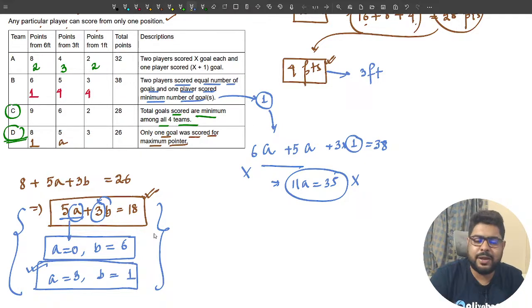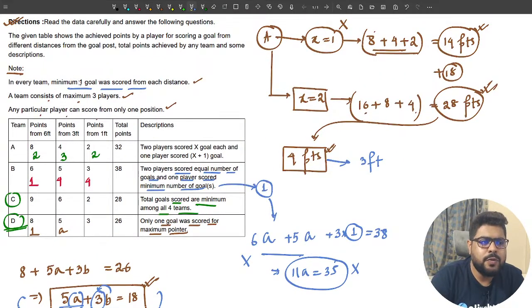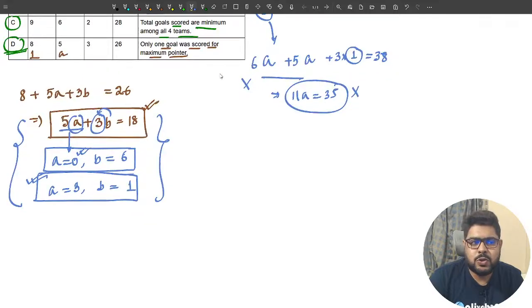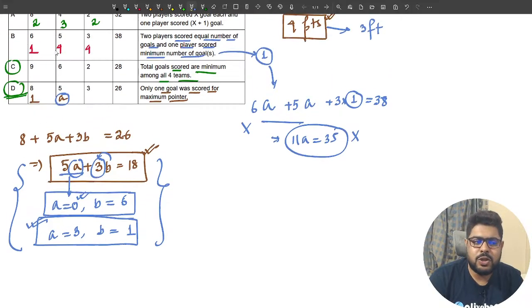The only possible values, because 0 cannot be, because they have told you minimum one goal is scored from each distance. So no value can be 0, at least one goal must be there. So the only possible values are 3 and 1.